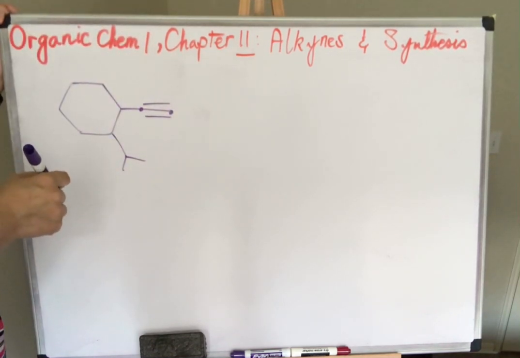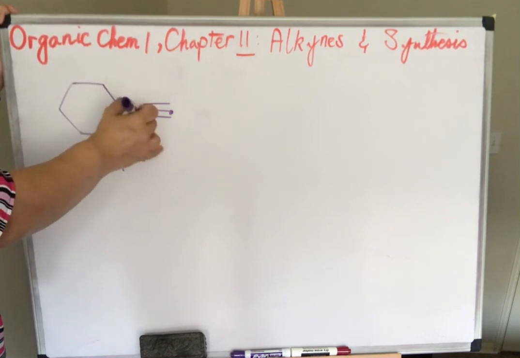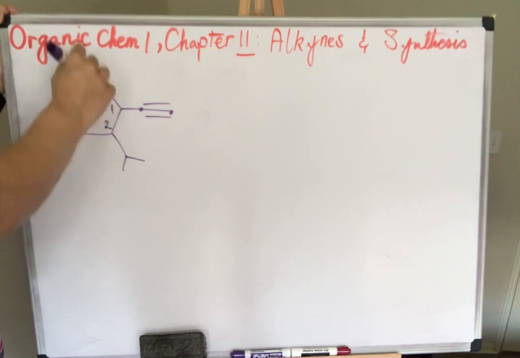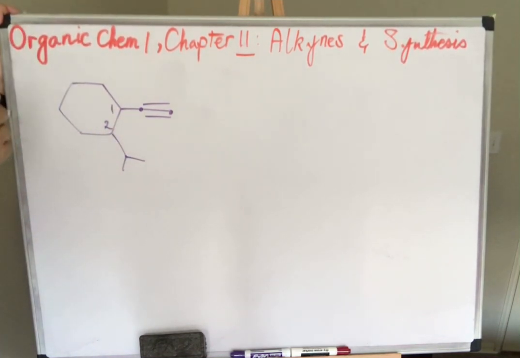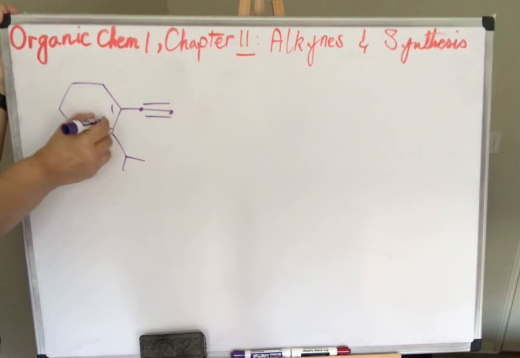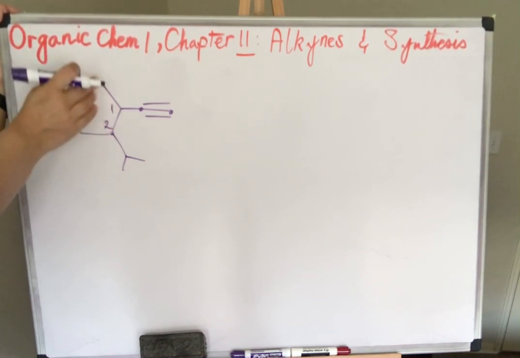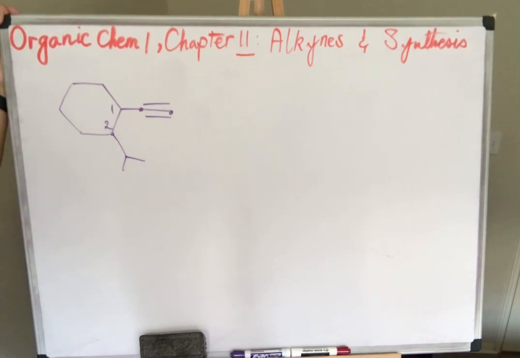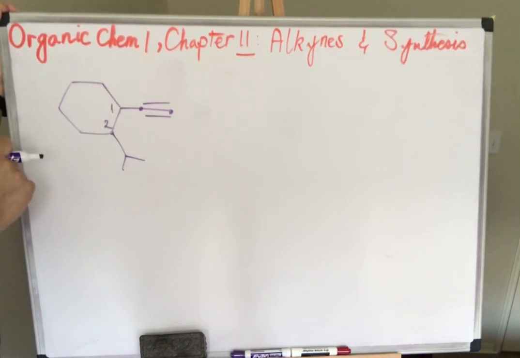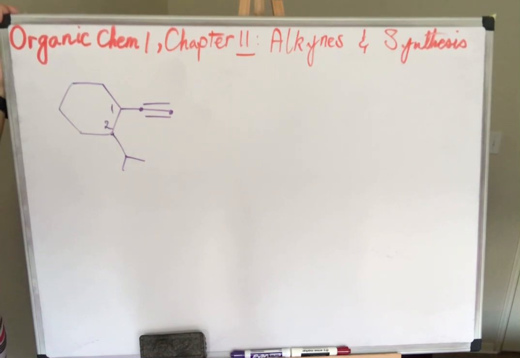In this case, the carbon that carries the triple bond would be carbon number 1, and then you go around the ring the way that is closer to the branches, if you have any branches. But the carbon that carries the triple bond will be the first carbon. In this case, because the triple bond is not a part of the longest chain, because the longest chain has 5, you treat it as an alkyl group, as a substituent.